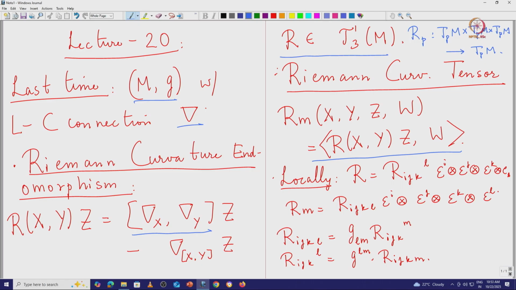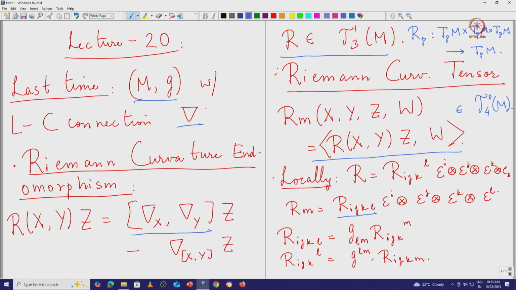Similarly, Rm being a (0,4) tensor, again because of C infinity multilinearity of R, you can express Rm as R_{ijkl} times epsilon^i tensored with epsilon^j tensored with epsilon^k tensored with epsilon^l, and the way these two are related is by lowering and raising of the indices using the metric.